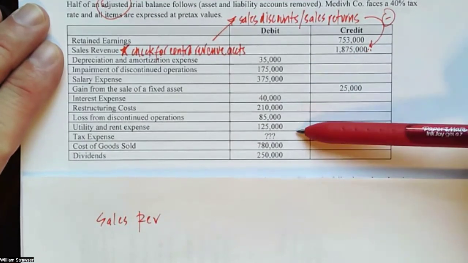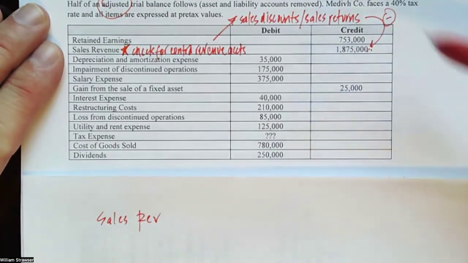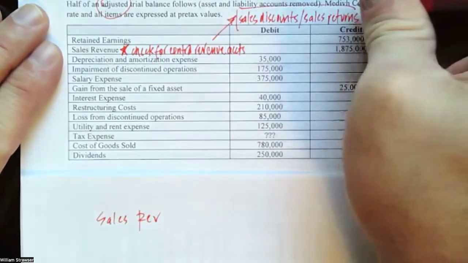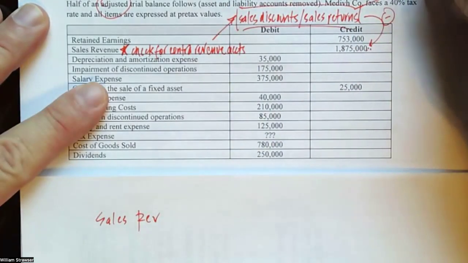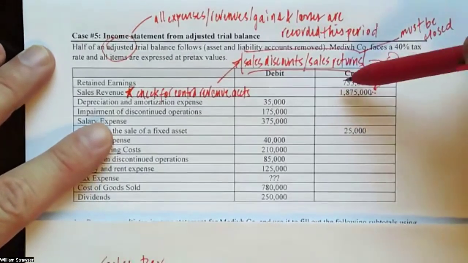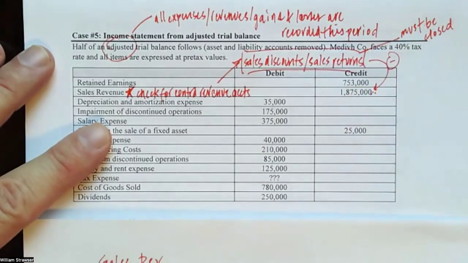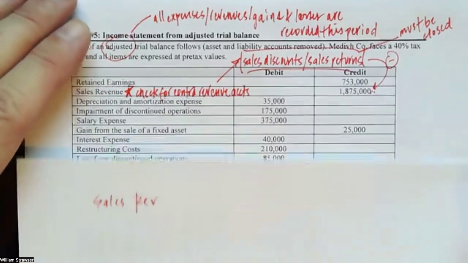They would have a debit balance and they would be reported among these other accounts because these accounts must be closed. They are attached to a revenue account, right? They make no sense without a revenue account. If we don't have a revenue account to subtract these from, they have no reason for being. And so they are closed along with all of our revenues, expenses, gains, and losses.